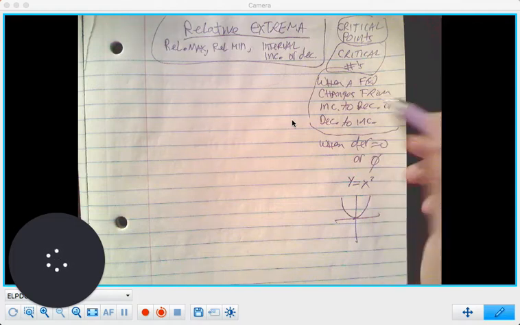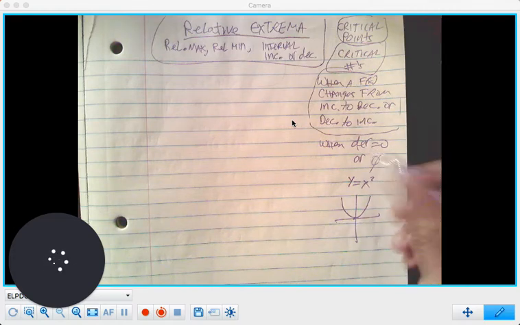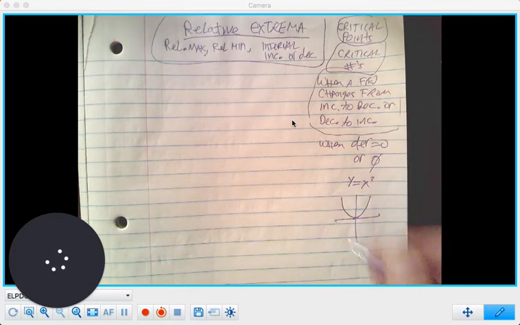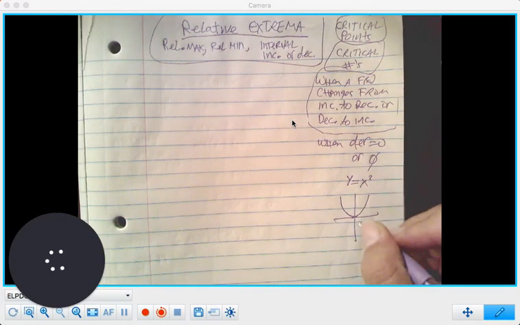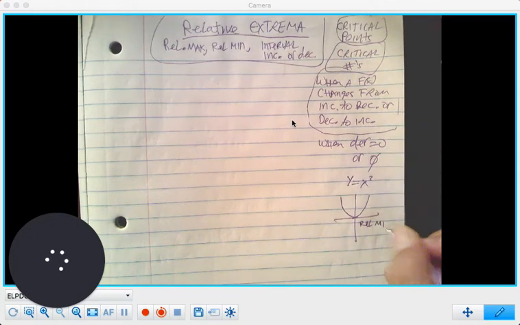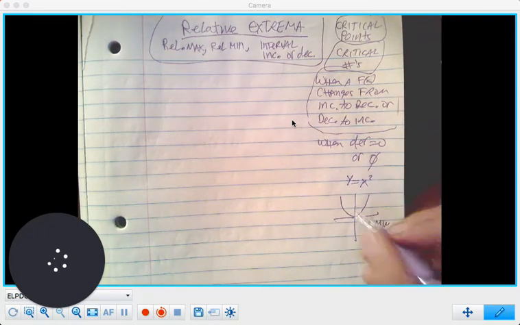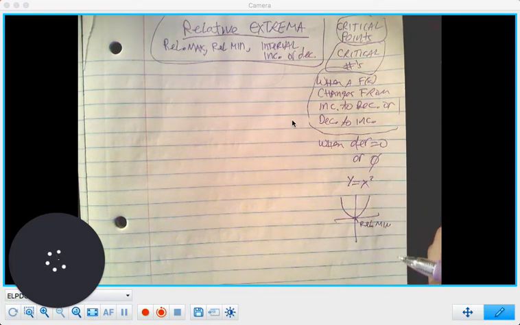When we say the function changes from increasing to decreasing, in this case it changes from decreasing to increasing. This is a relative minimum. How do we know? Because that's the minimum point.